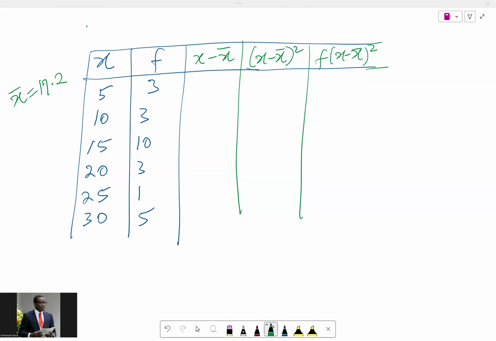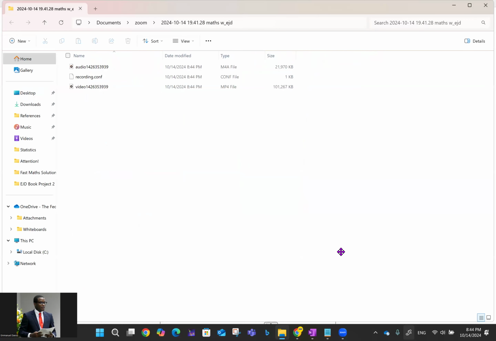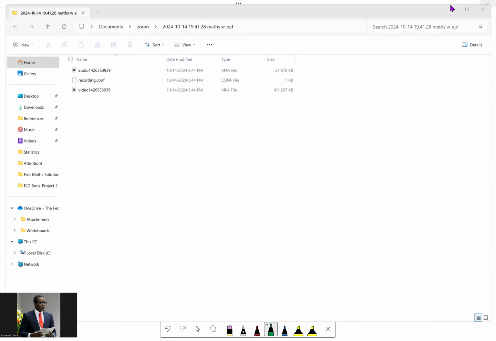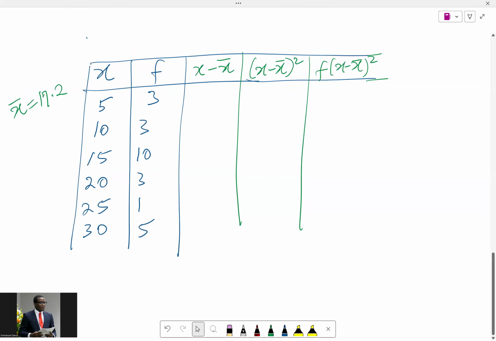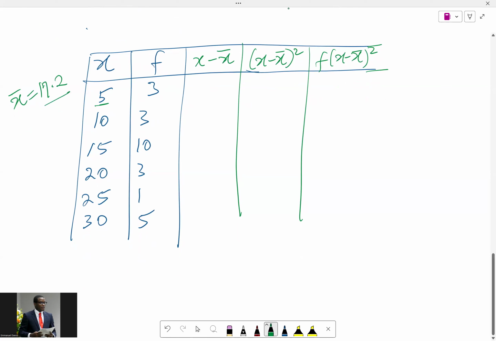Okay, x minus x bar. That means for x minus x bar, we have 5 minus 17.2. 5 minus 17.2 is equal to minus 12.2.